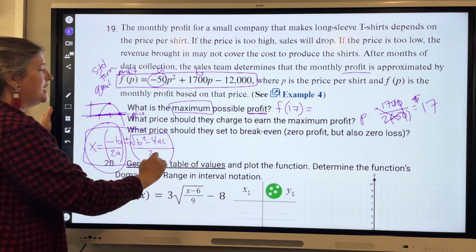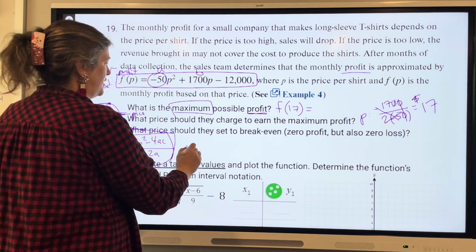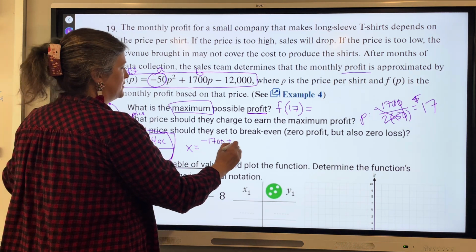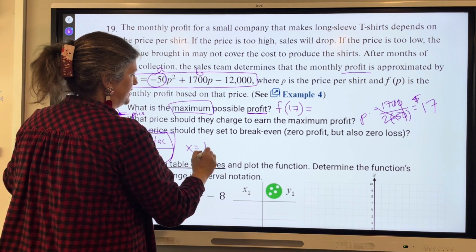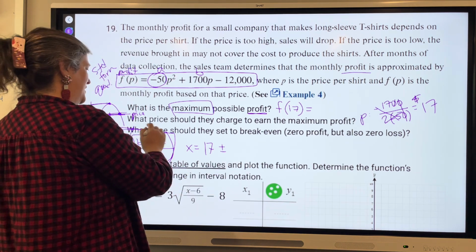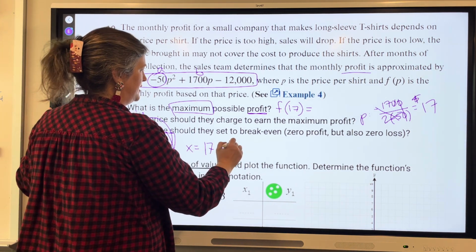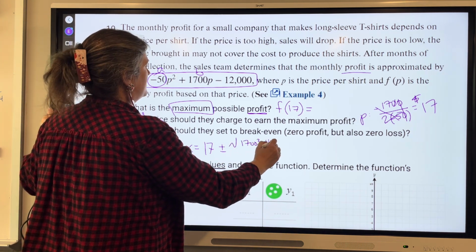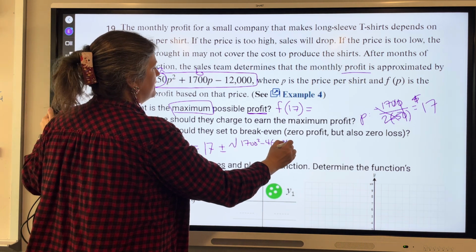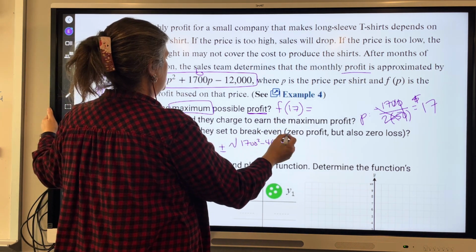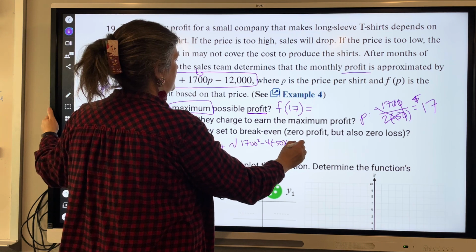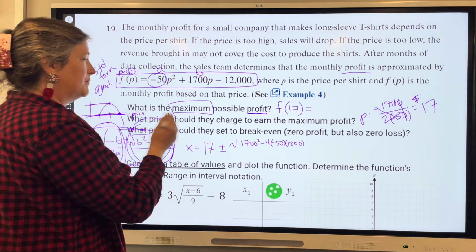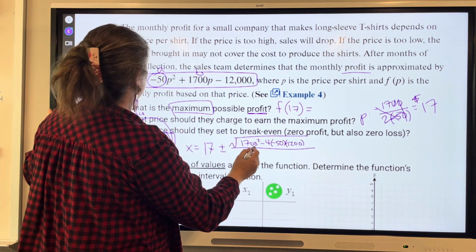Now I need the entire quadratic formula. So x equals -b plus or minus, actually I already know that it's 17, plus or minus the square root of b squared minus 4ac, minus 4 times -50 times -1200, all over 2 times a.